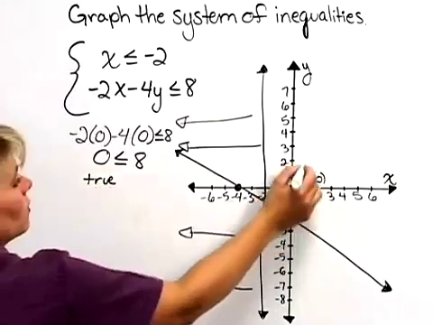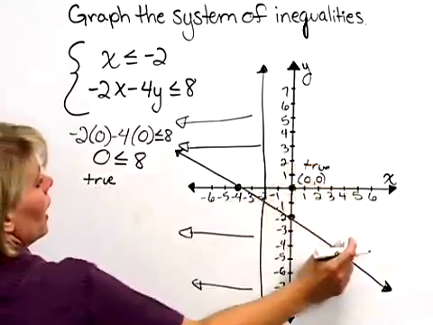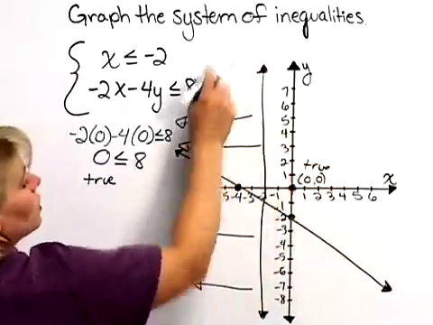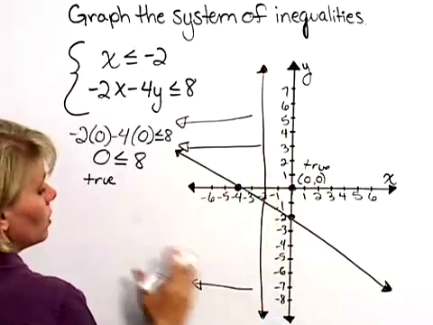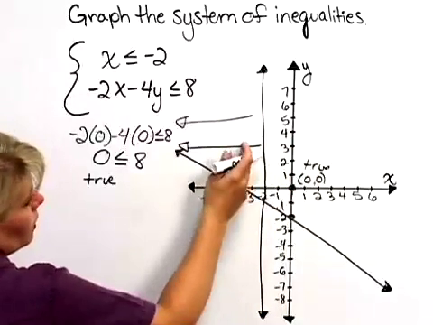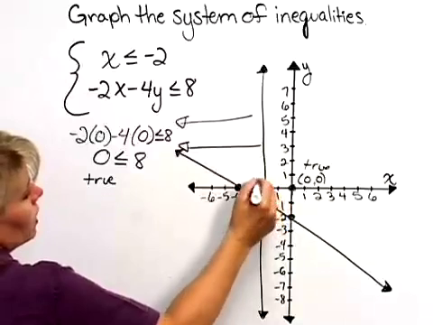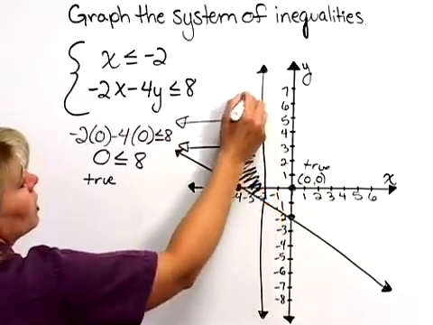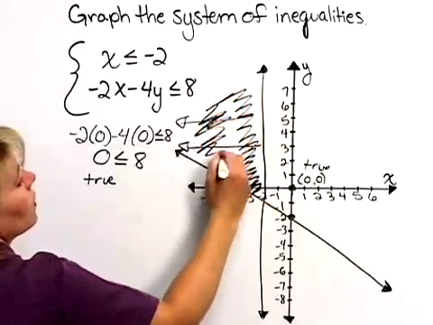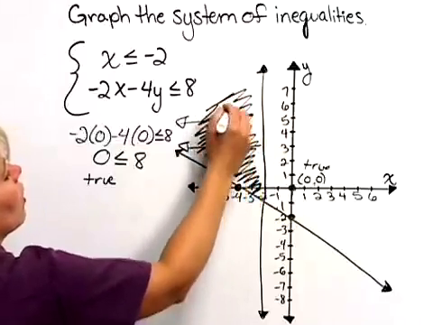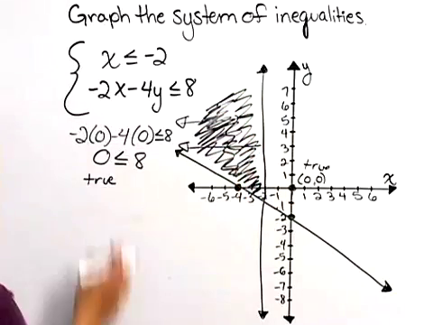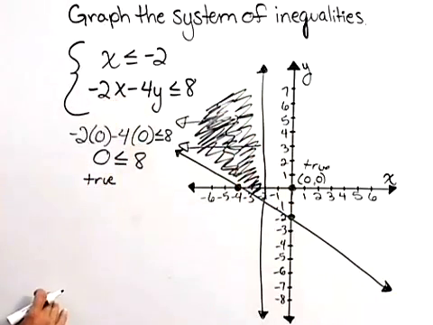Since this point over here is true, everything on this side would be true. But the only place where we will overlap with the first inequality is in this area up here. So this area up here is where all the solution points are that satisfy both of these equations. And that would be a picture of your graph for this particular system.